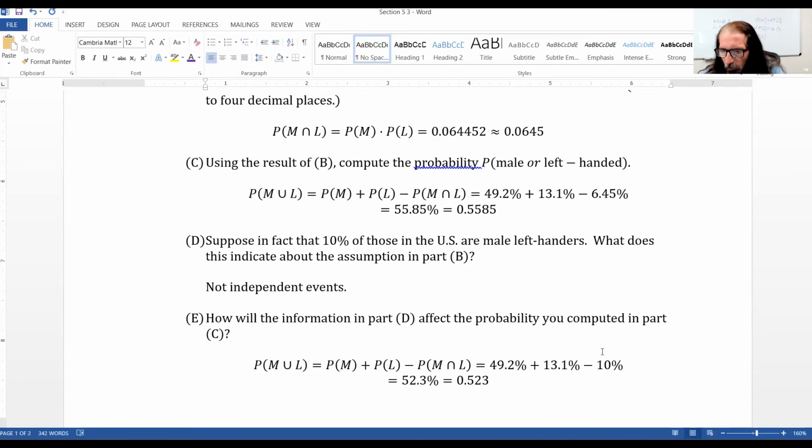Now, by the way, before I end this video and go on to one more example, let's take just this part. You could use a Venn diagram instead. Do you have overlap? We had the 49.2% that are male and 13.1% that are left-handed.